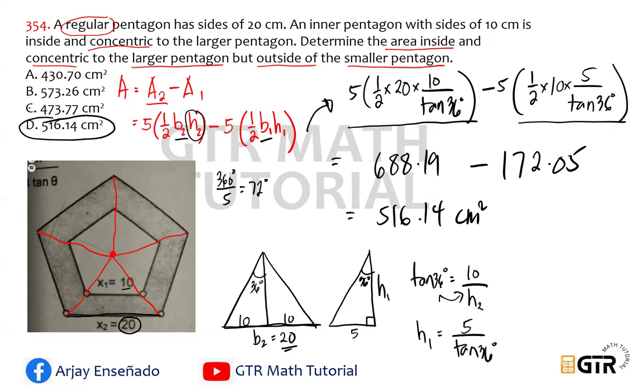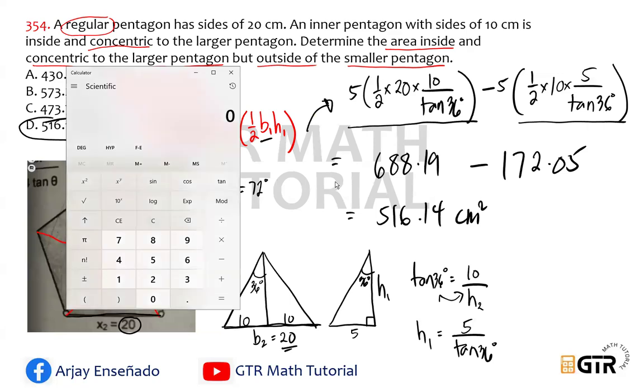Okay, so I'll show you the computation on this ordinary scientific calculator. So let's type this. We have 5 times 1 half times 20 times 10. So I'll just multiply it. 5 times 20, and then times 10. Then divided by 2, we have 500.